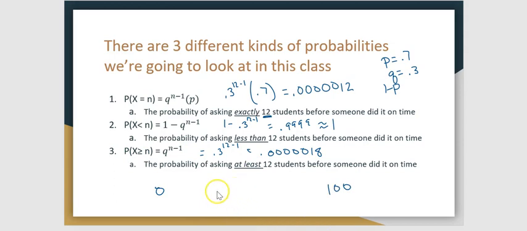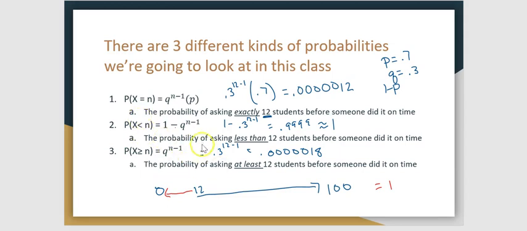At least 12 would be 12 or more, so that would be all of those probabilities. And then less than 12 would be these probabilities. And so remember, all of the possible outcomes that can happen always have to equal 1. So that's why the probability of less than is 1 minus the probability of at least.